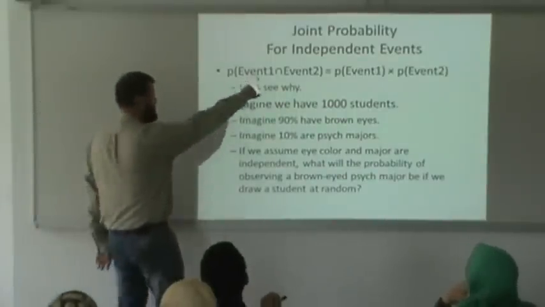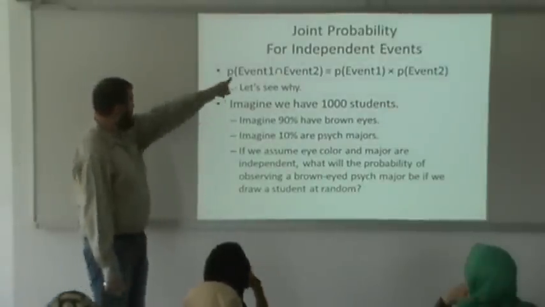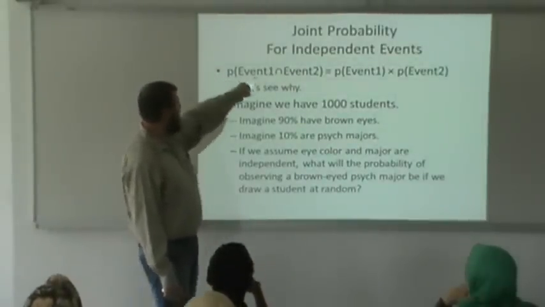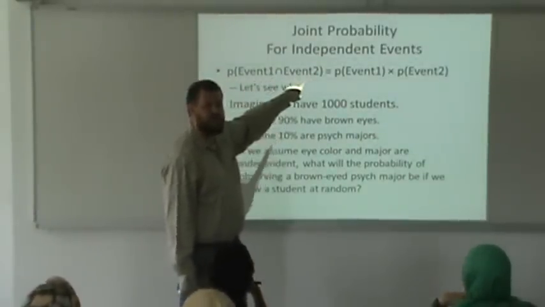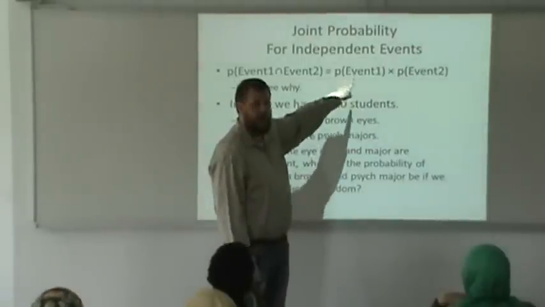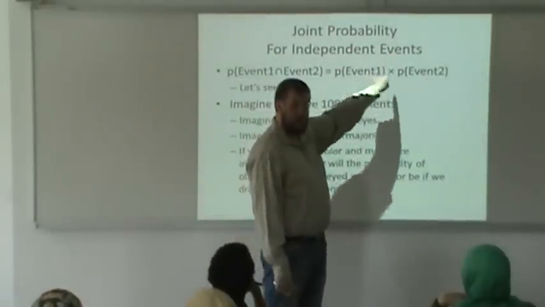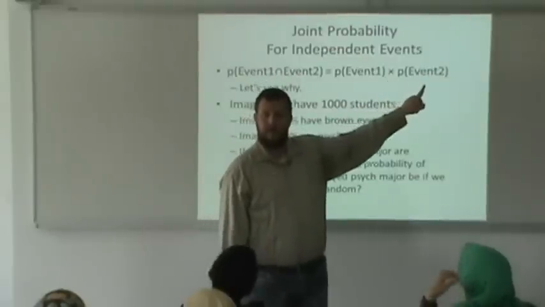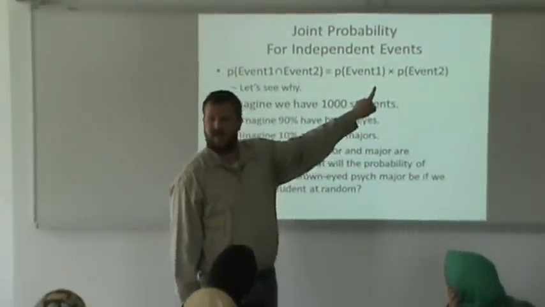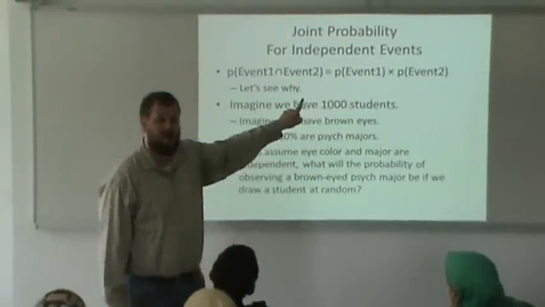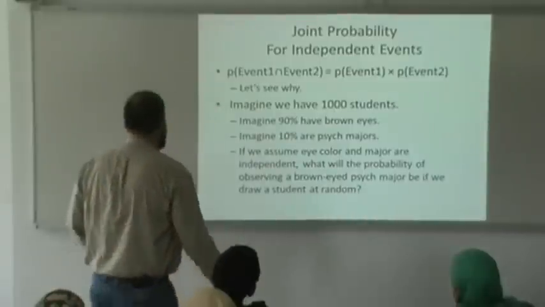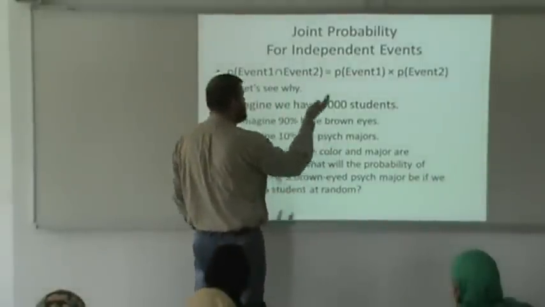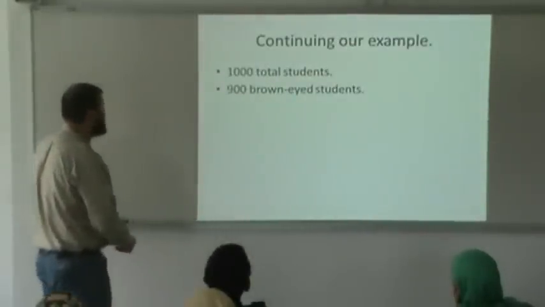That's this. So, this probability of brown-eyed and psych is equal to probability brown-eyed times probability of psych. Not 0.9, 0.09, right? Now, so we calculated this and we said it's 0.09, and that's correct.